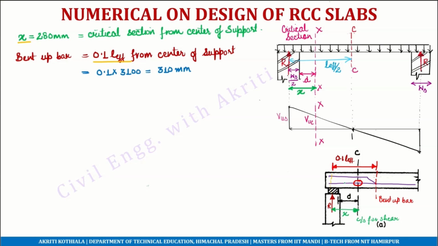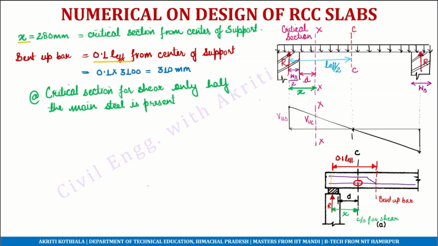So I can simply write that at the critical section, for sure, only half of the main steel is available. So AST at critical section will be AST main upon 2. For this particular question this is the case, but you have to check for every question whether the critical section is beyond the bent up point or before it.